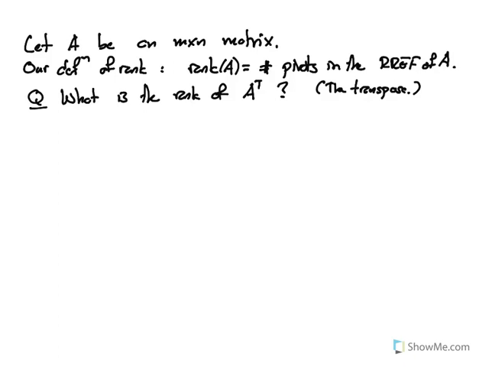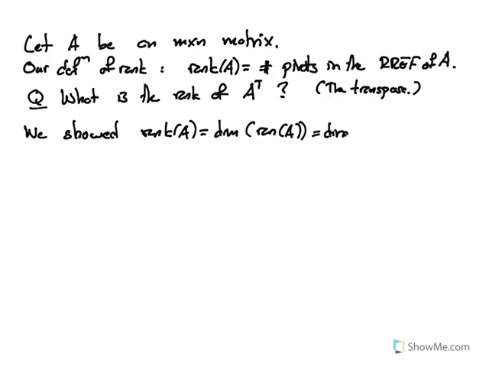But with the various facts that we've established, you can now see that the rank of A has to equal the rank of A transpose, because we showed that the rank of A is also equal to the dimension of the range of A. And this is equal to the dimension of the column space.